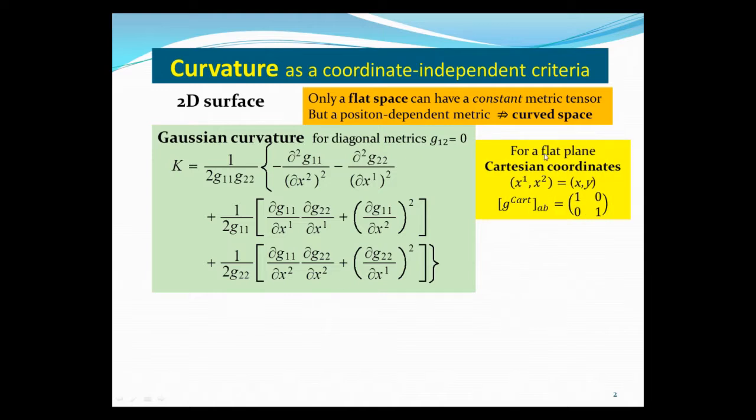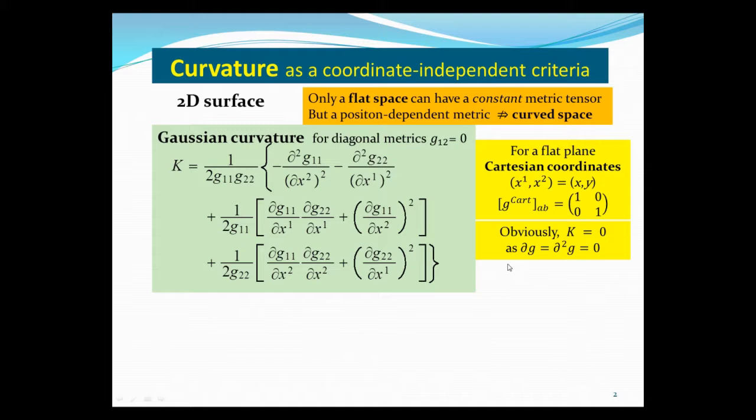Now, for a flat plane with Cartesian coordinates, the metric is constant. Clearly, if it's constant, all the derivatives vanish, so the first and second derivatives all vanish, and therefore K equals zero. So K equals zero corresponds to a flat plane.